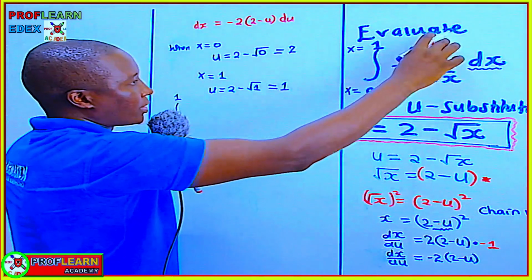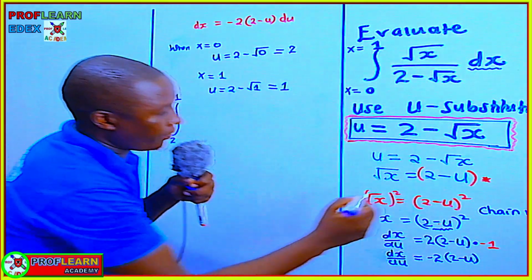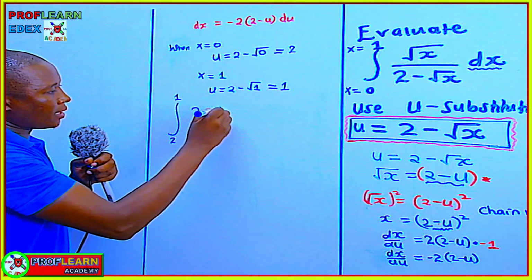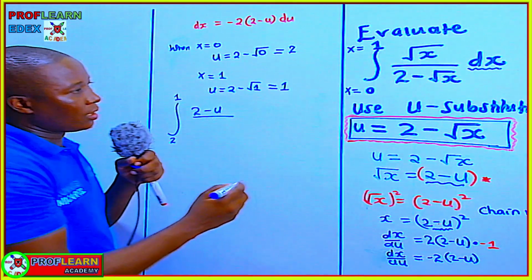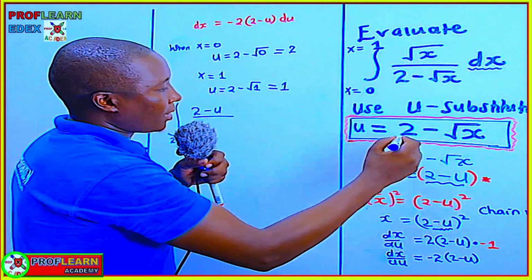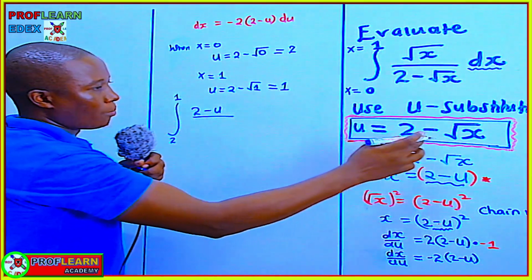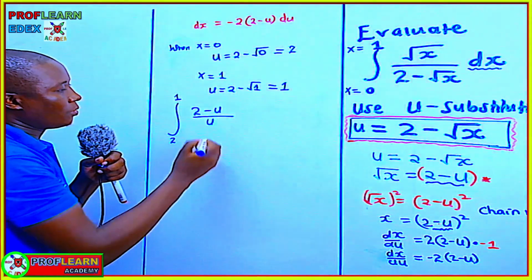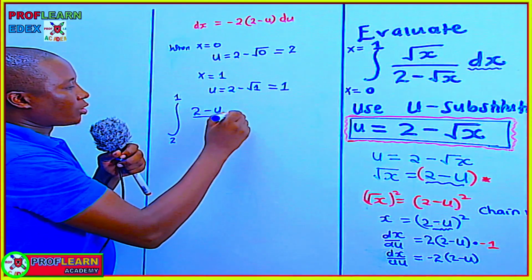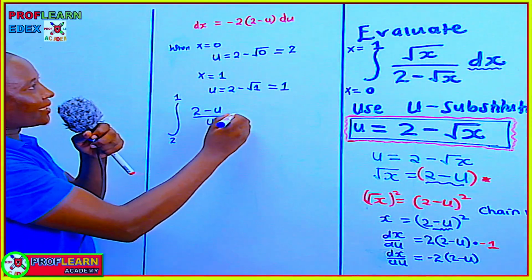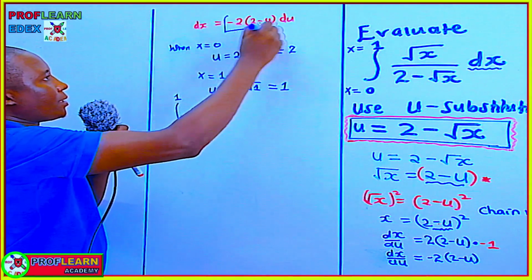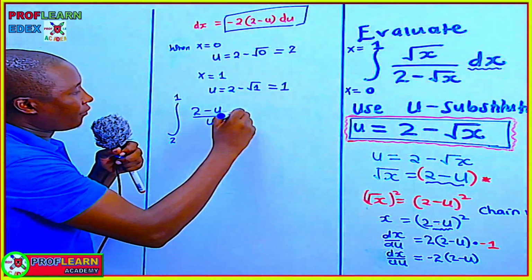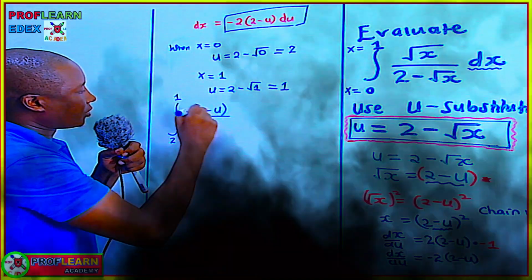Root x can be replaced with 2 minus u, so we have 2 minus u, everything over 2 minus root x, which can be replaced with u. And then we are going to have dx, but dx, we said, can be replaced with this. So we're going to have all of this together.